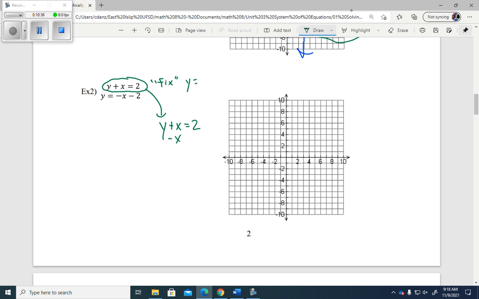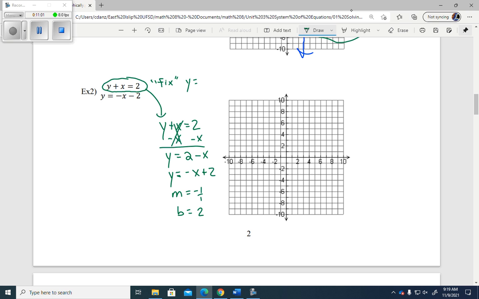So I'll subtract x from both sides. Now I have y equals 2 minus x. Or I can change the order and say y equals negative x plus 2. I don't care which way you write it, but the y has to be by itself. And you have to recognize that the slope is negative 1 over 1, and the y-intercept is 2.